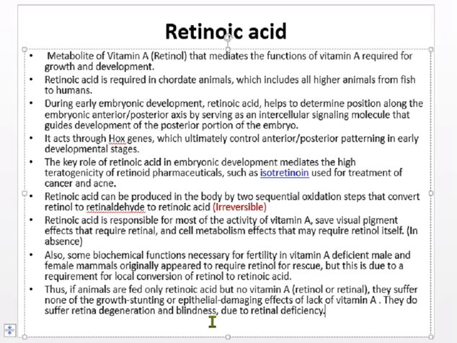If animals are fed only retinoic acid but no vitamin A, none of the growth stunting or epithelial damage effects of the lack of vitamin A occur, but they do suffer retina degeneration and blindness due to the retinal deficiency.